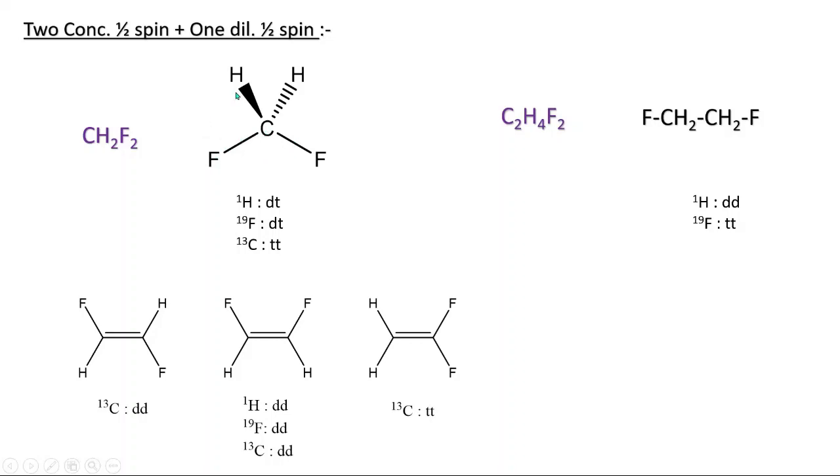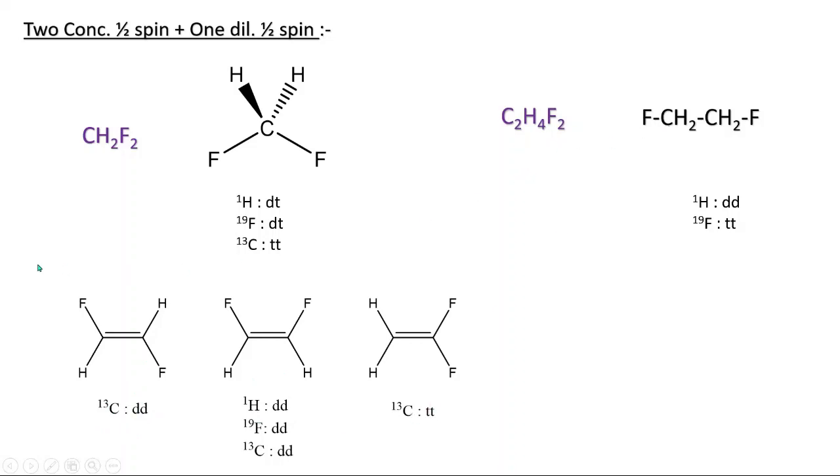For these 2 hydrogens we will get a doublet of triplet, and for this carbon we will get a triplet of triplet due to 2 hydrogens and 2 fluorines. I have mentioned it here also, you can see. Similarly you can find your own answer for all these molecules. I have also mentioned the answers below, and you can check with your answer.